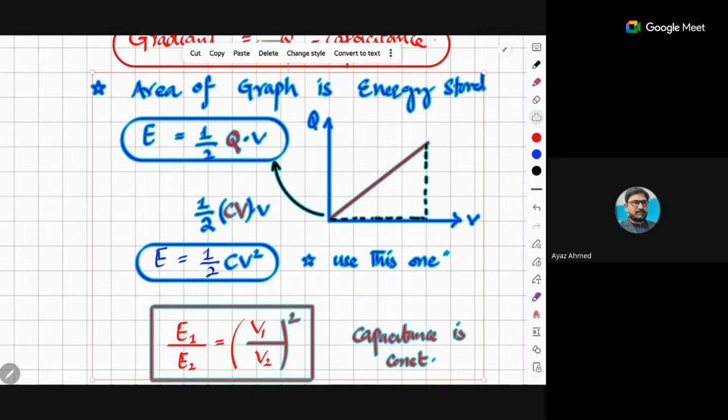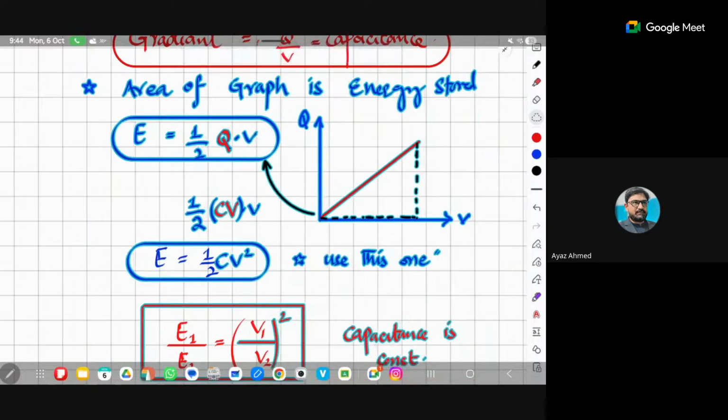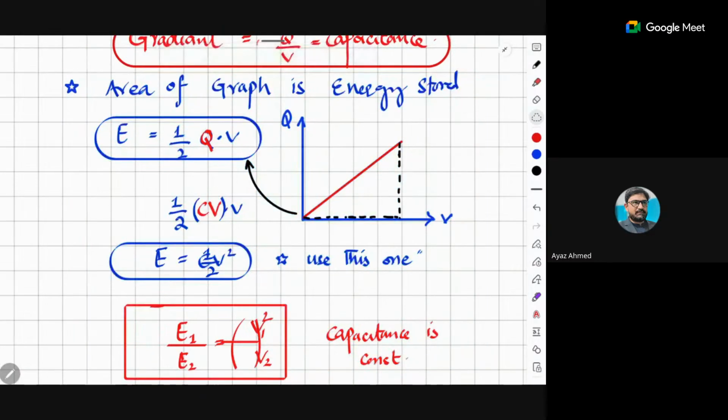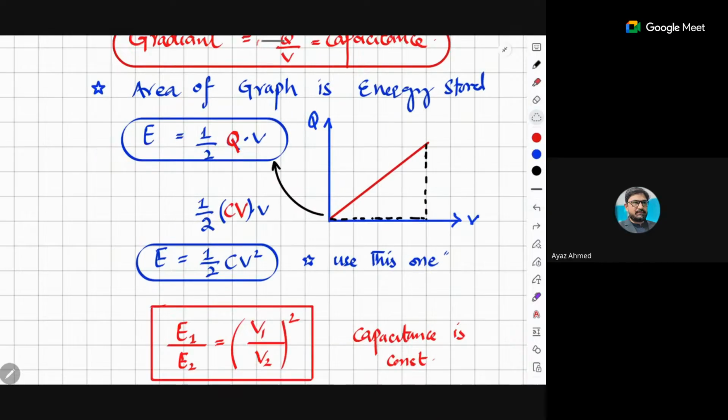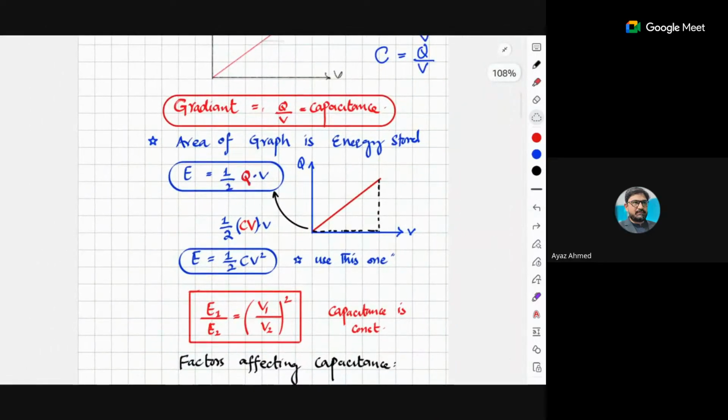Sorry, yeah, this one. Q is equal to CV, and what about the other? E is equal to 1 by 2 CV, and what else?